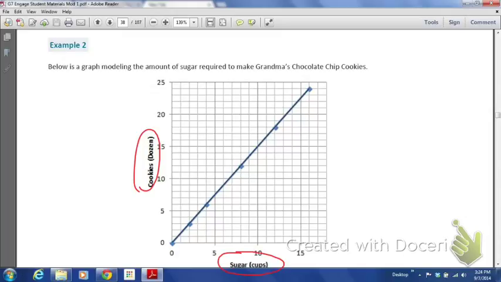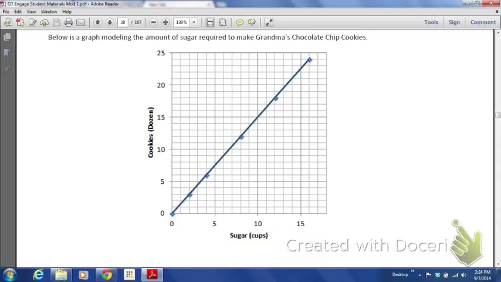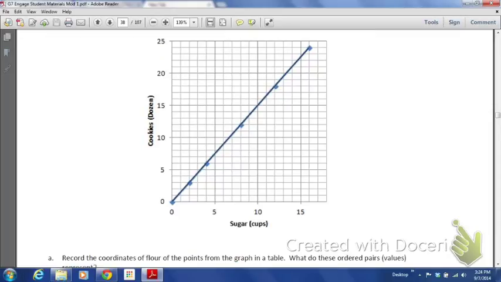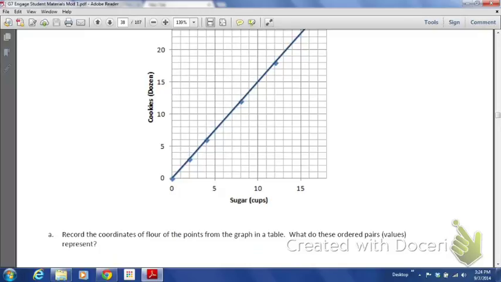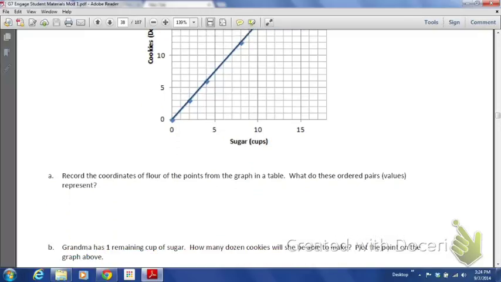Anyway, they have a graph here. They're giving you the amount of sugar now required to make Grandma's chocolate chip cookies, keeping those cookies as dozens, and sticking with the cups for sugar instead of flour this time.